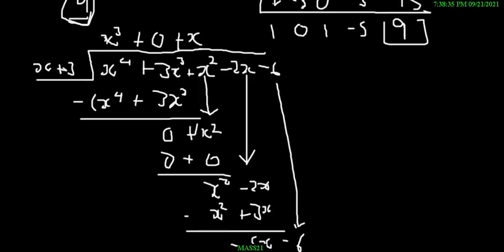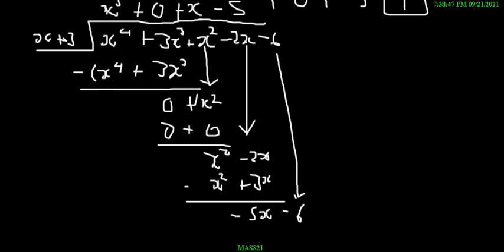And we say x into negative 5x, that's negative 5. Negative 5 times x is negative 5x. Negative 5 times 3 is negative 15.